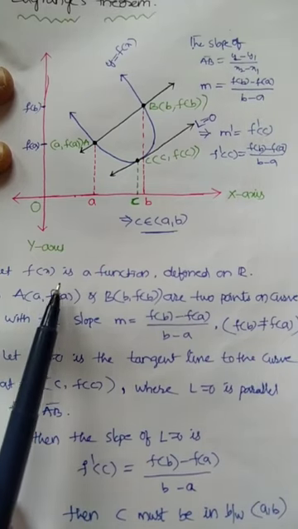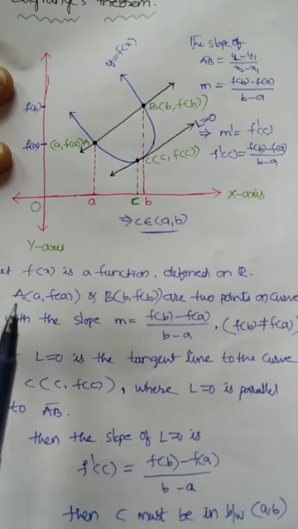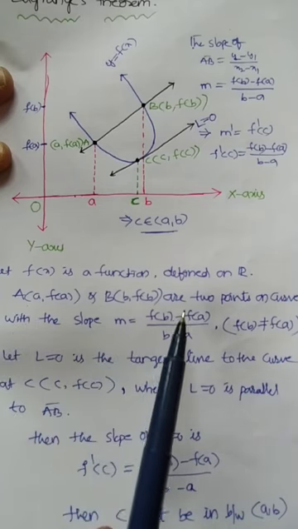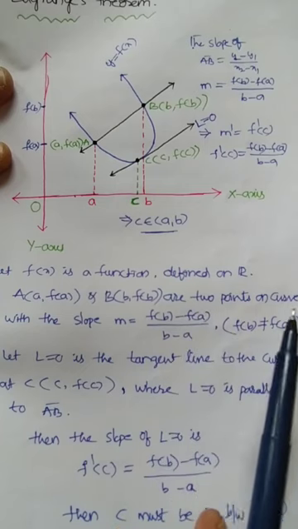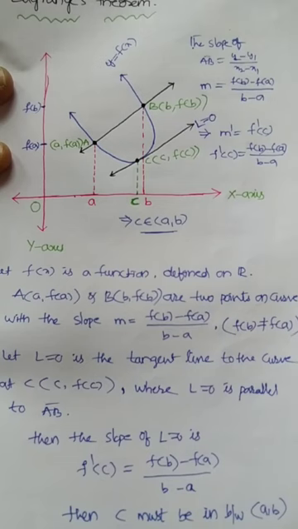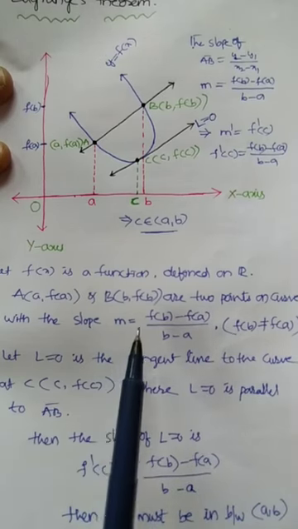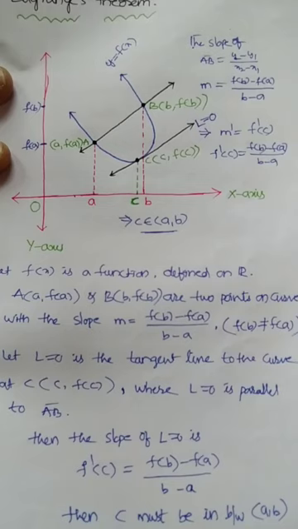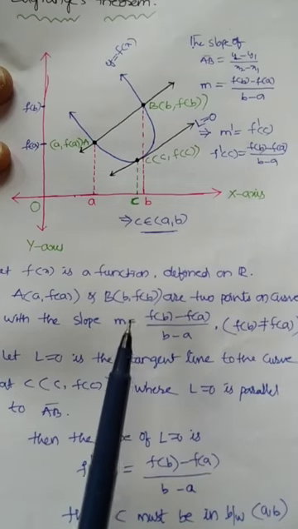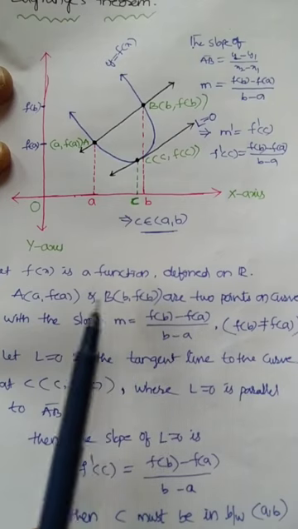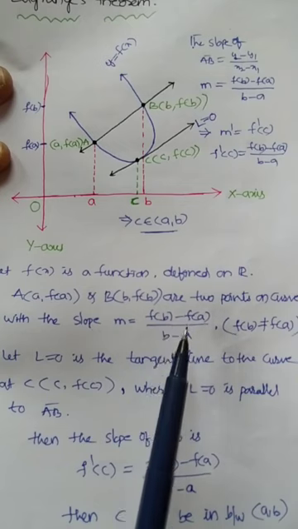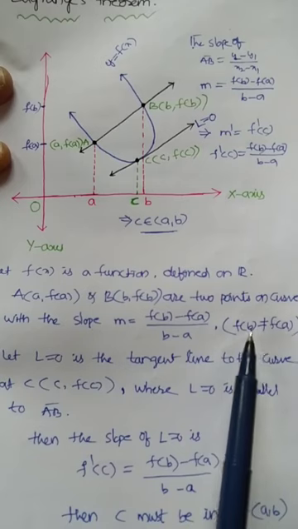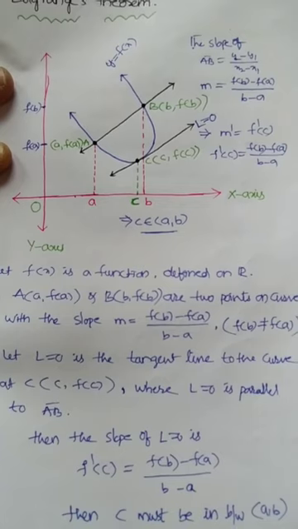Let f of x be a function defined on R, and capital A of A comma f of A and capital B of B comma f of B are two points on the curve with the slope m equal to f of B minus f of A by B minus A. Whenever the coordinates of the two points are given, the slope is m = y2 minus y1 by x2 minus x1, which means f of B minus f of A by B minus A. Whenever this condition holds, f of B can't be equal to f of A, meaning the slope must not be 0, in these Lagrange's conditions.